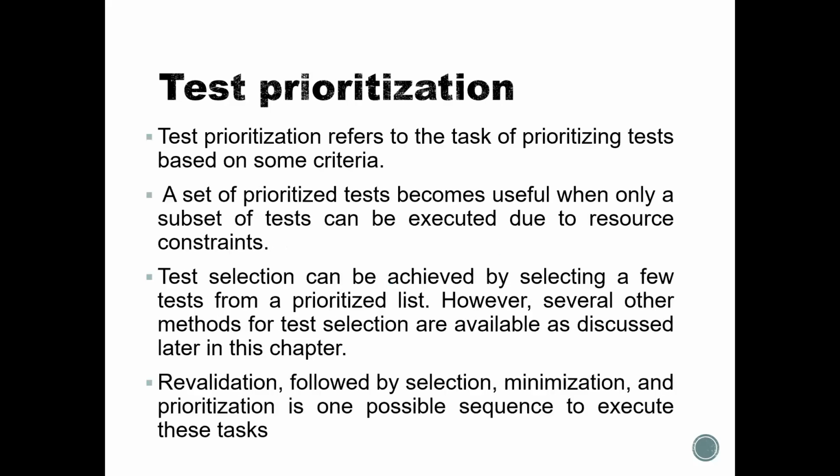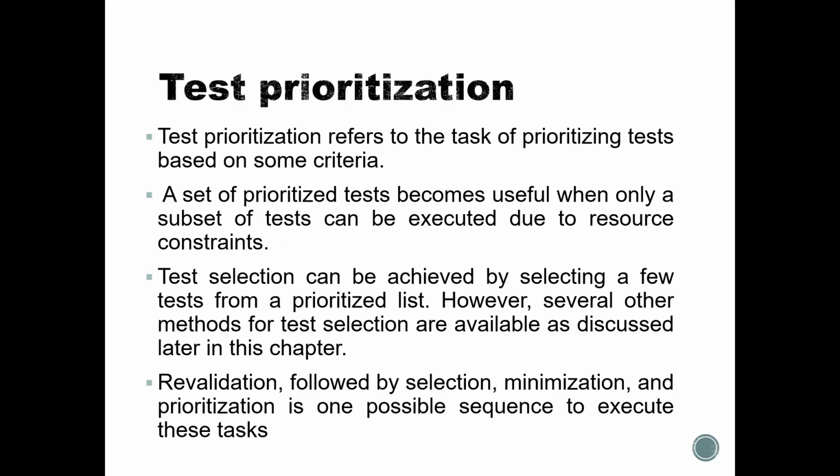And then we have test prioritization, which refers to the task of prioritizing tests based on some criteria. A set of prioritized tests becomes useful only when a subset of tests can be executed due to a resource constraint, and test selection can be achieved by selecting a few tests from a prioritized list.